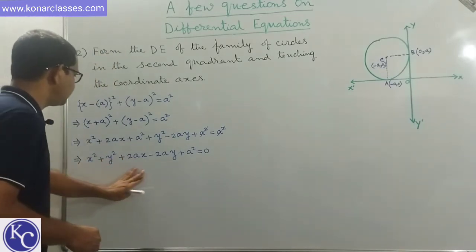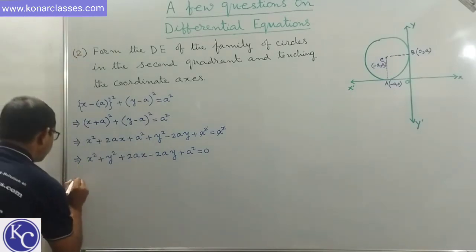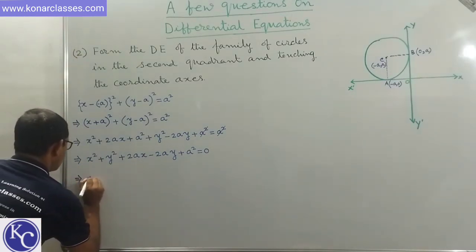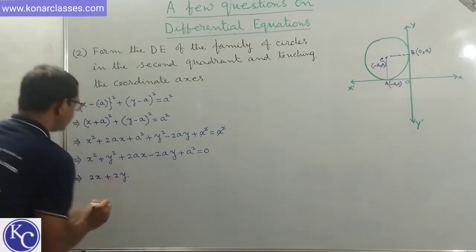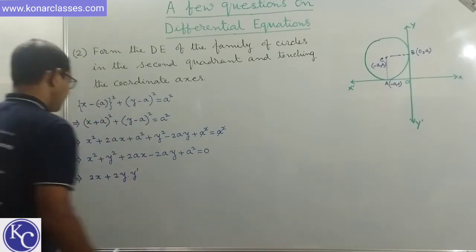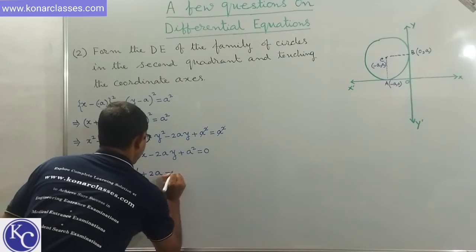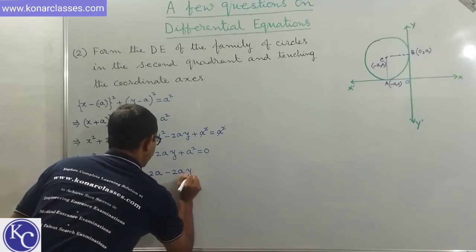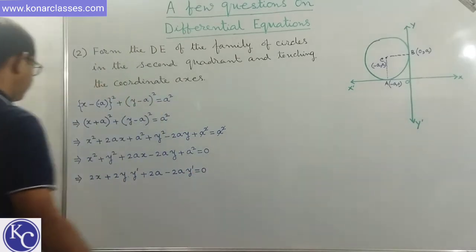So we need to differentiate both sides of this equation with respect to x. And what we are going to get, dear students? So this implies 2x plus 2y into dy/dx, let's write dy/dx as y dash, plus 2 into a minus 2 into a into y dash, and differentiation of a square is equal to 0. Right hand side is 0.